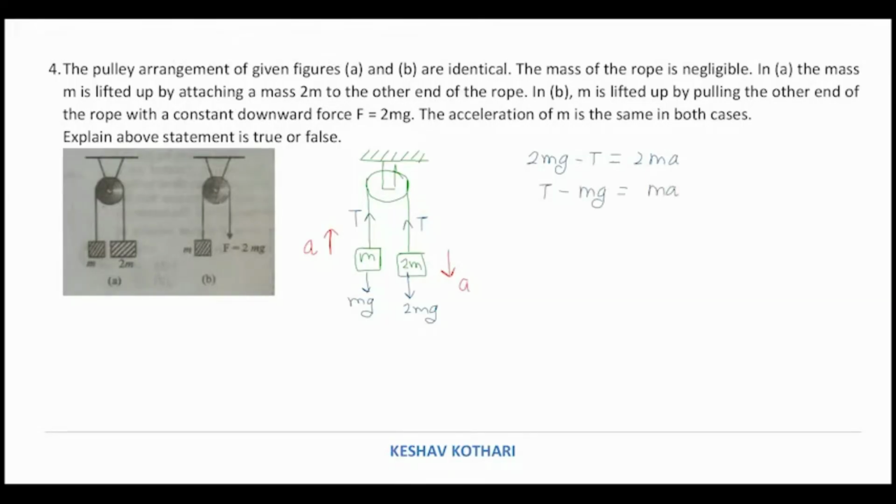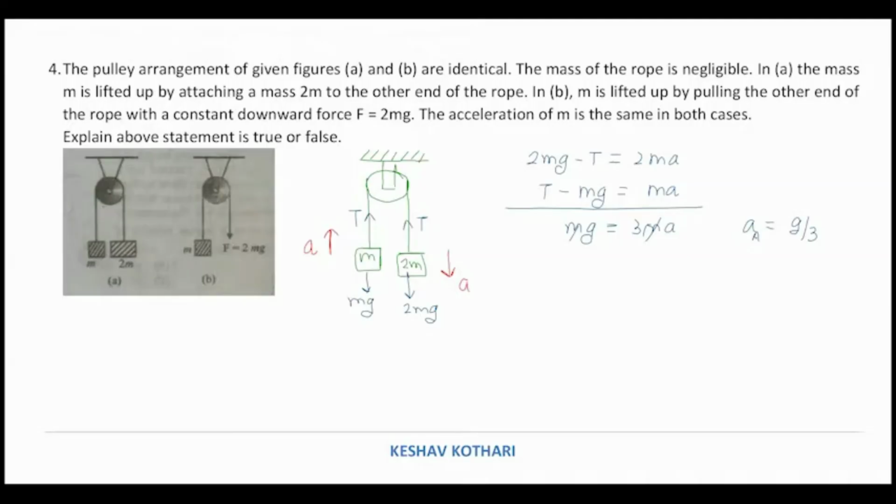So if we add the two equations, we obtain mg is equal to 3ma, and then we can write that acceleration is equal to g by 3. So for the first case, that is A, I can write that acceleration is equal to g by 3.